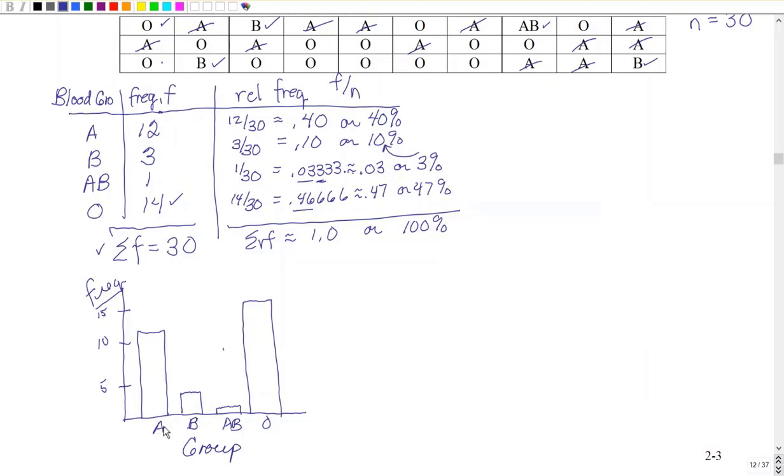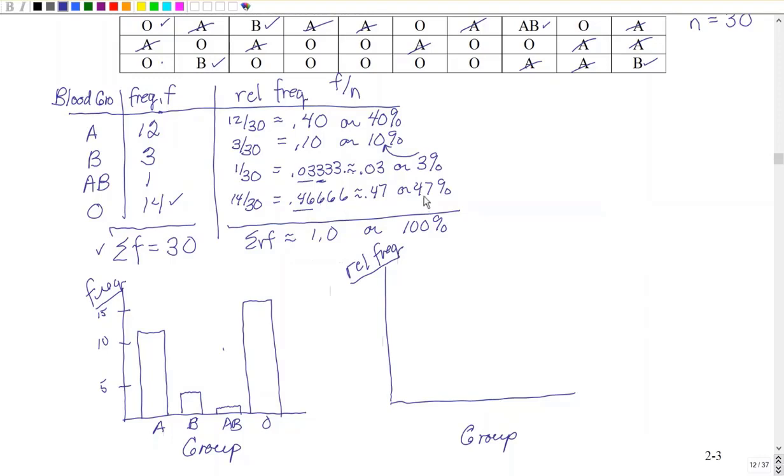Okay. Now, if you wanted to do a relative frequency bar graph, then all you would do here is you would still come over here and set up the groups, but on the vertical axis, you would put relative frequency instead of frequency. So now, as far as the height of the bars, and this is usually done with the relative frequency, not the percent.